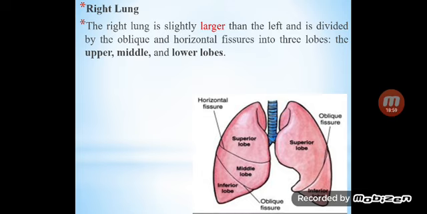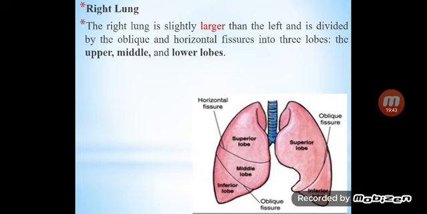So let's try to understand the extension of these fissures. First is the oblique fissure. It begins from the inferior border of the lung. It runs upward and backward across the medial surface and costal surface of the lung until it cuts the posterior border about 2.5 inch below the apex posteriorly.